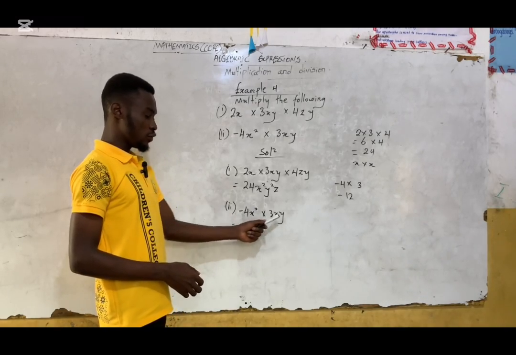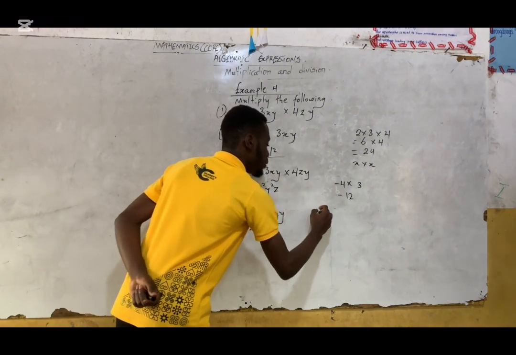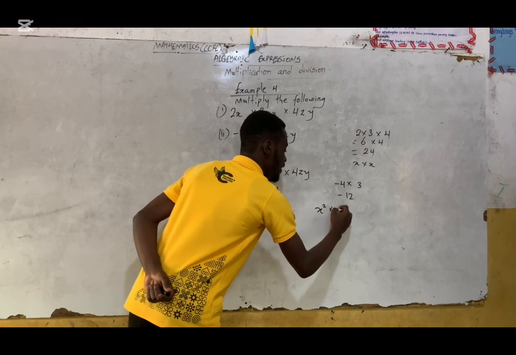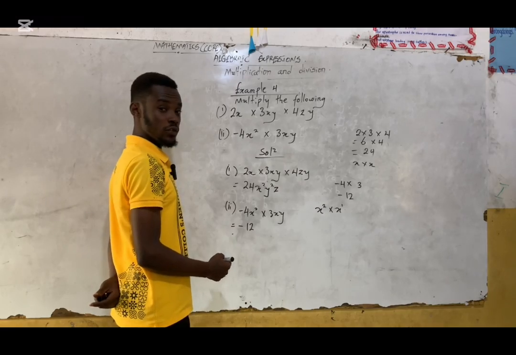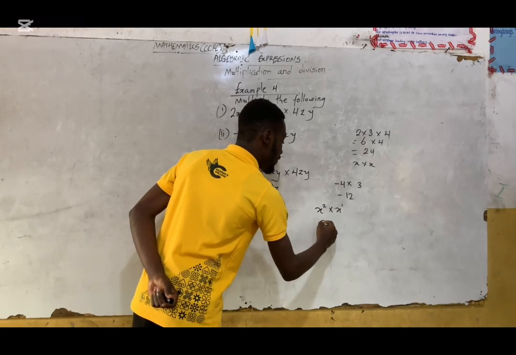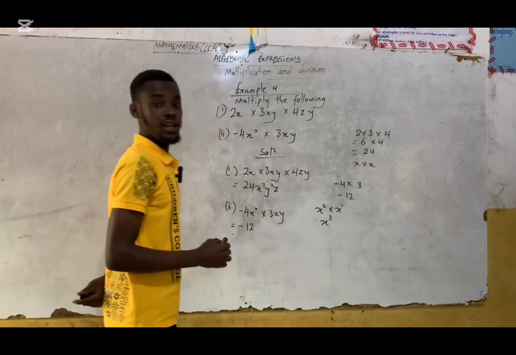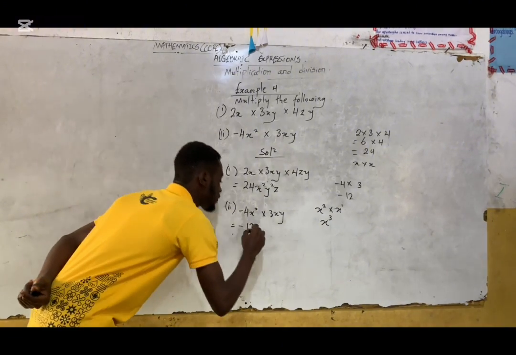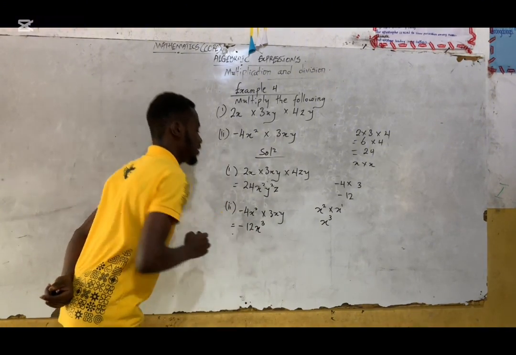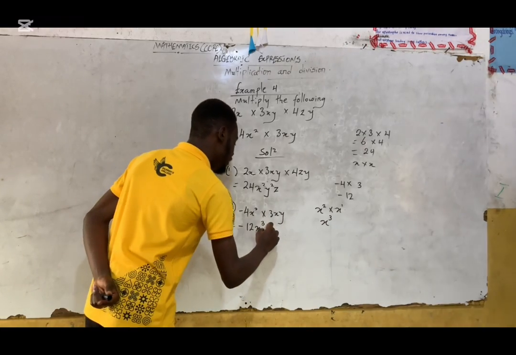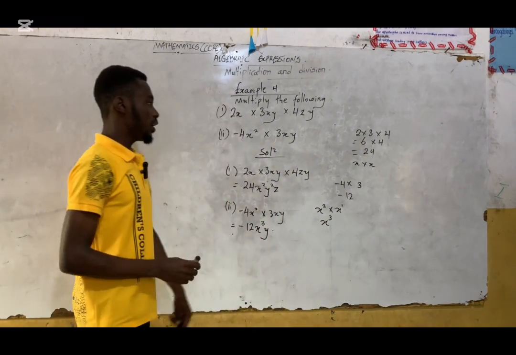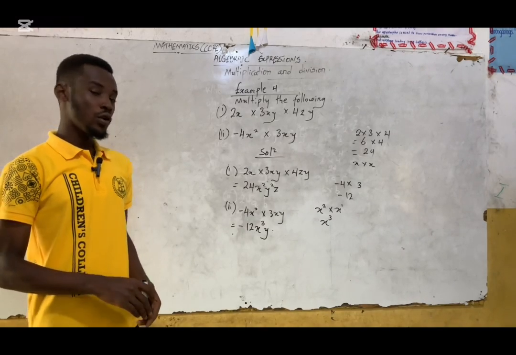Remember, x exponent 2 by x gives us x exponent 3. Because x is seen as x exponent 1, right? So we have x, then we add the exponents, right? So x exponent 3. Y does not have any other partner here, so you just maintain y. If you're able to do this, congratulations.